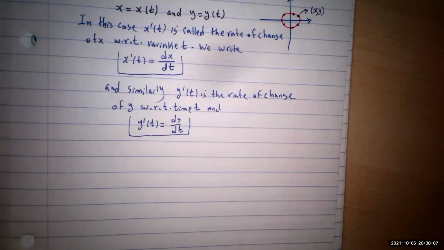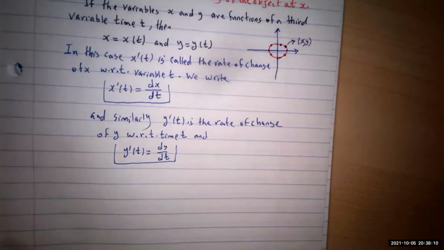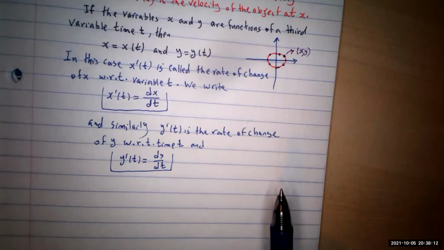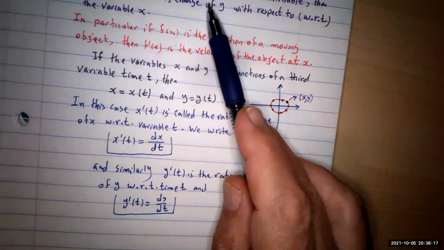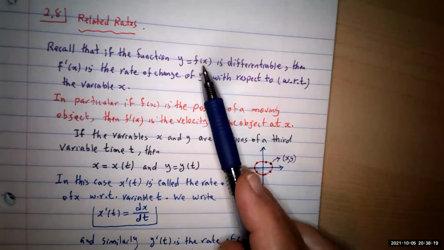So what do we have so far? We have the original function y equal to f of x. This function is differentiable, so we get y prime.